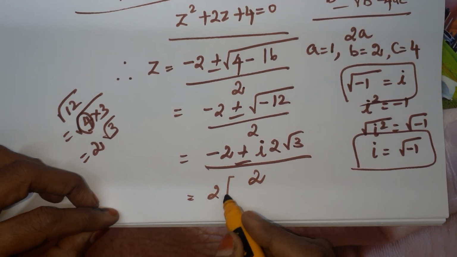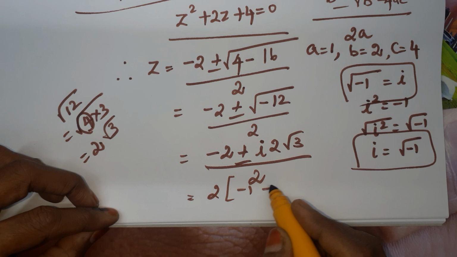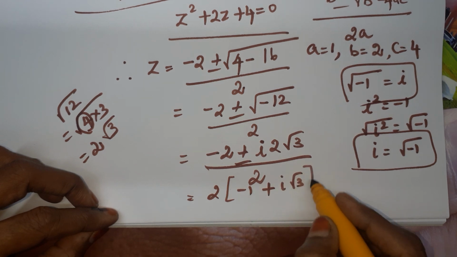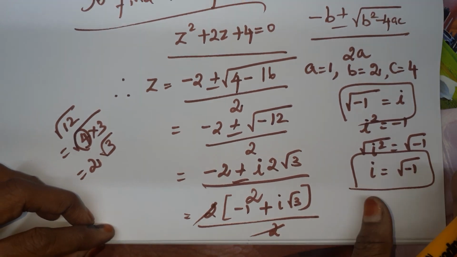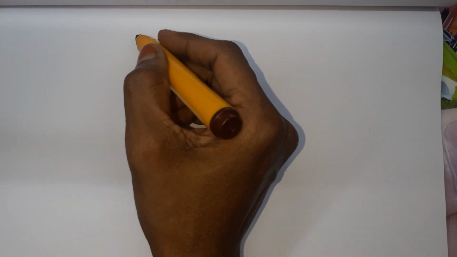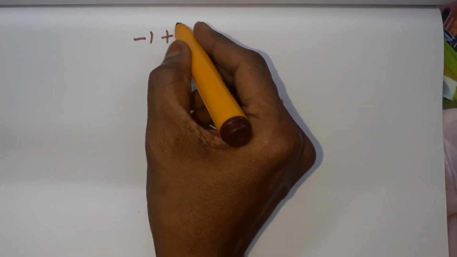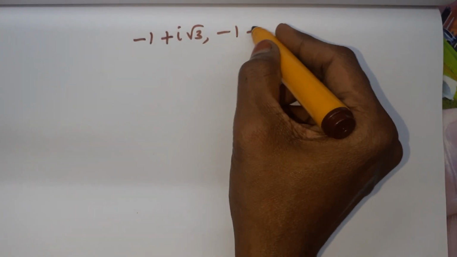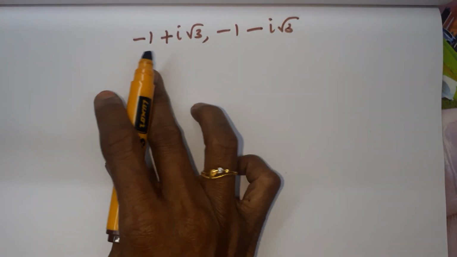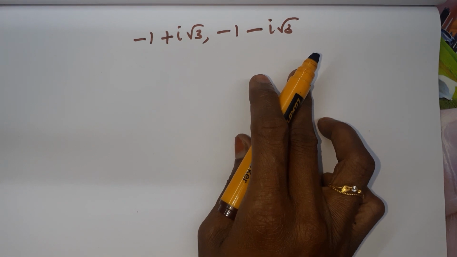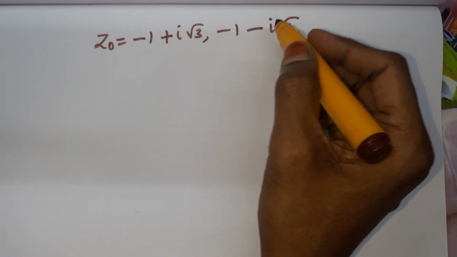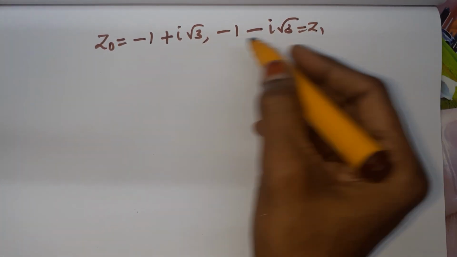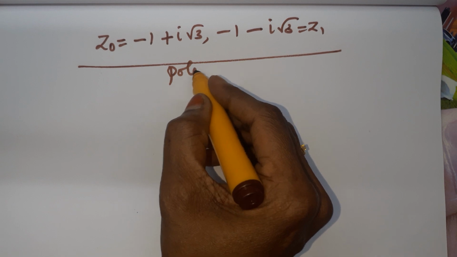So 2 times (minus 1 plus i root 3) whole divided by 2. So 2 we can cancel. So the poles we are getting are minus 1 plus i root 3 and minus 1 minus i root 3. I am going to name the first one as z0 and this as z1. These are the poles. Okay.